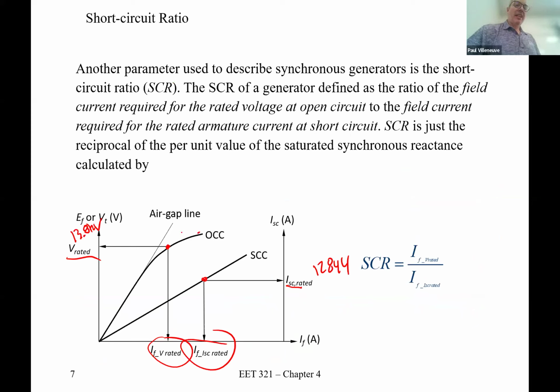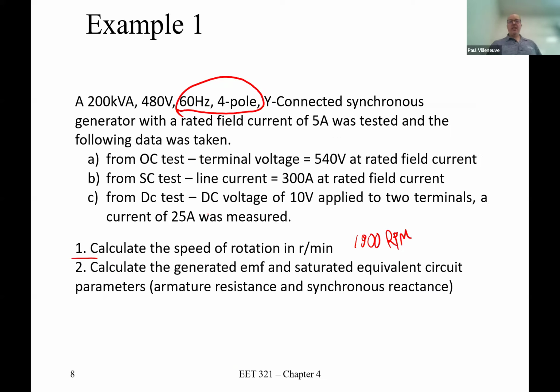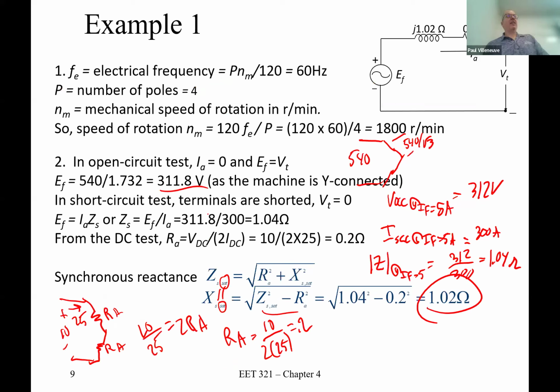The actual test value I did is way up over here because it's nominally rated for 480, but we got 540 volts. That's well above the nominal rating of the machine. Since all our machines are designed to operate at least somewhat partially saturated, we know to get to 540 volts, we're pretty well saturated. So I sneakily said it was X or ZS saturated, not unsaturated.